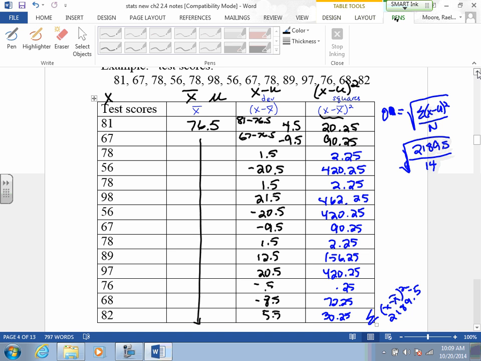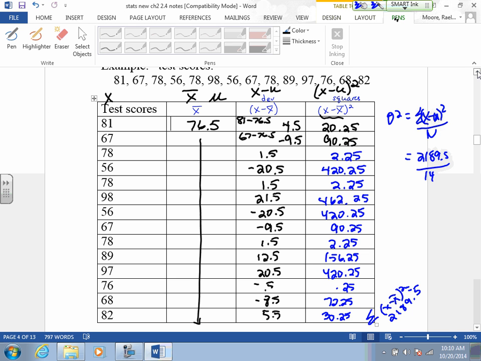I'm sorry, I'm just going to change this up on you a little bit, if it's okay. All you're going to do is erase your square root sign. Don't cross it out, just erase it. This is your variance.